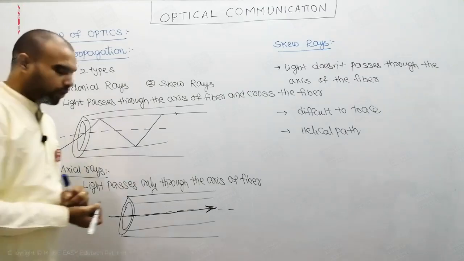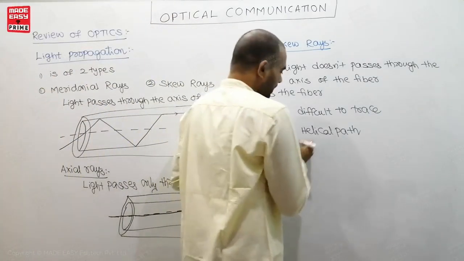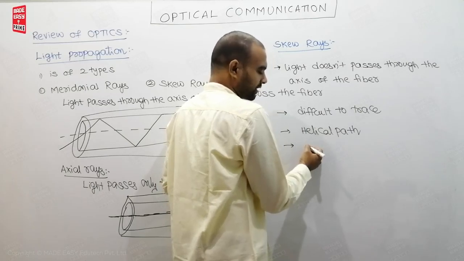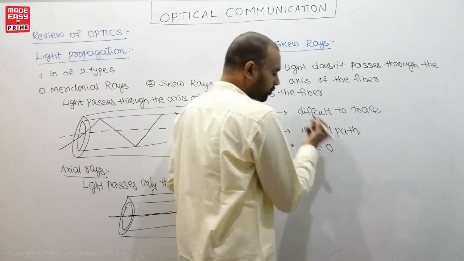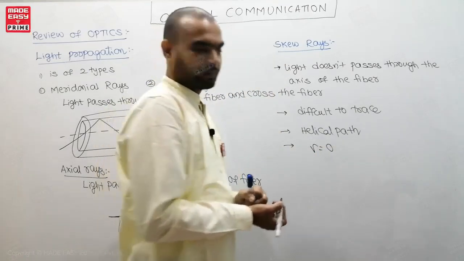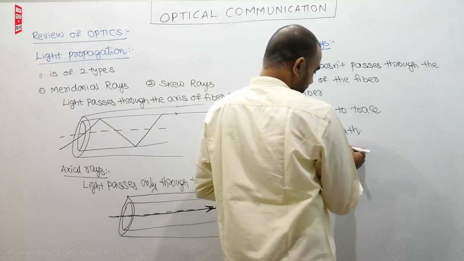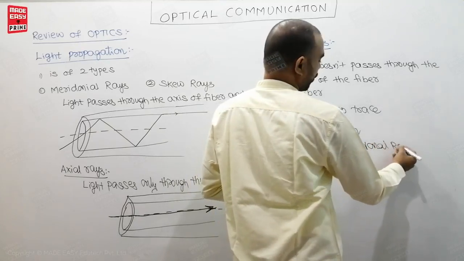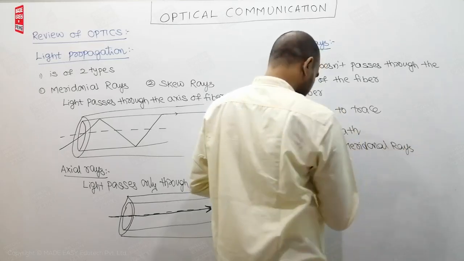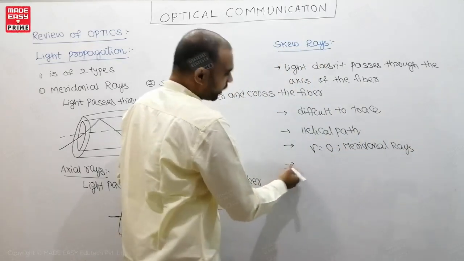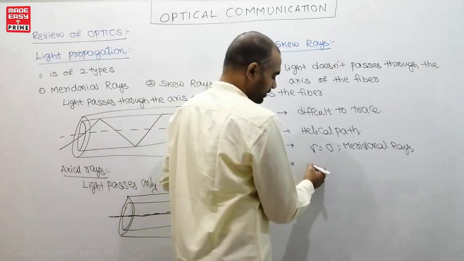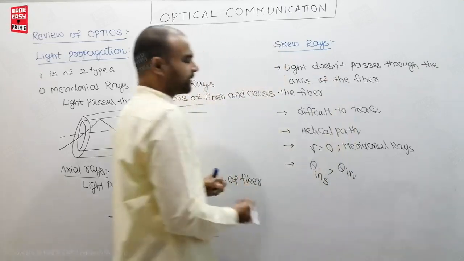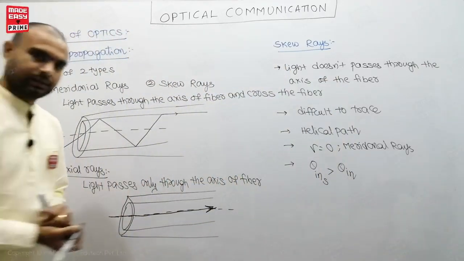The next important point about the skew rays: they are difficult to trace, so they are not used in communication systems. If gamma is equal to 0, then skew rays become equal to meridional rays. Most important thing about skew rays is that the acceptance angle of skew rays is much greater than the acceptance angle of the meridional rays.